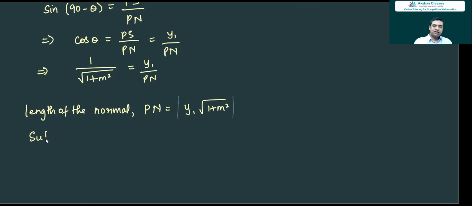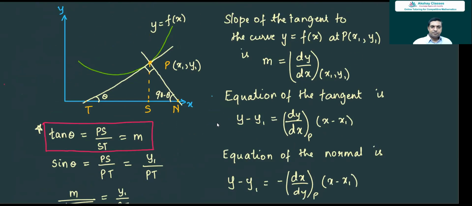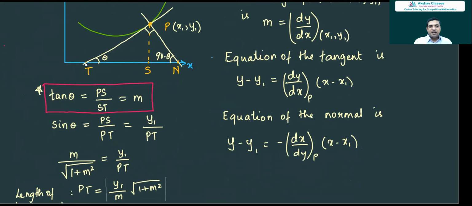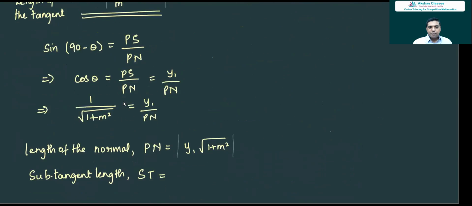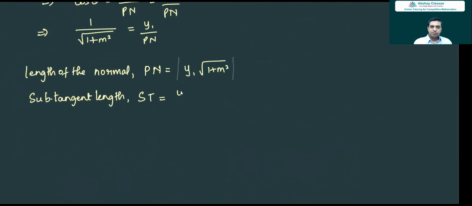So this length ST is called the subtangent length, and SN is called the subnormal length. ST is PS upon m, so y1 upon m. And because it is a length, we take the modulus.